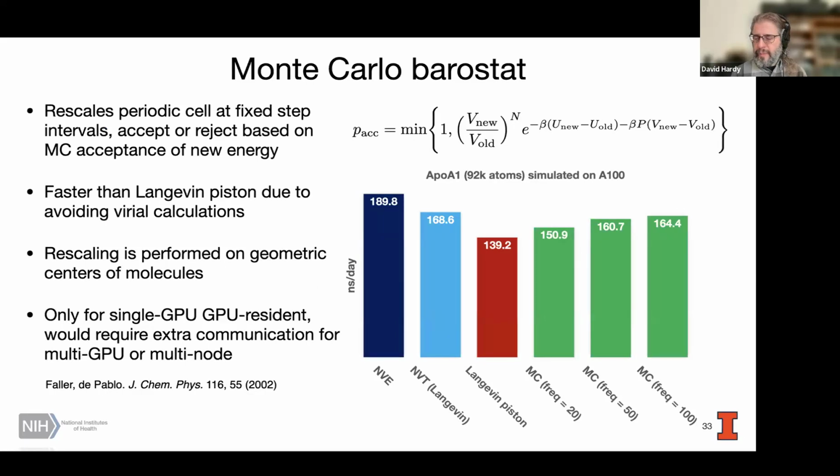Due to the expense of calculating the Langevin piston, we developed a Monte Carlo barostat. The idea behind the barostat is that you're rescaling the periodic cell at fixed step intervals, and you might accept or reject this as a Monte Carlo move based on the new energy. It ends up being a lot faster than the Langevin piston because we're avoiding the calculation of the virial tensor.